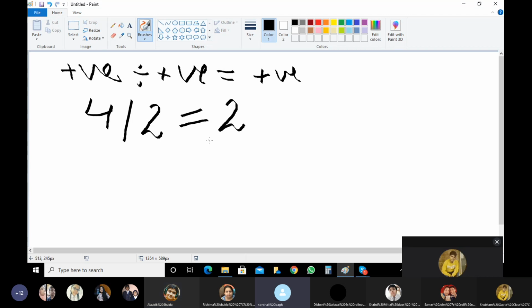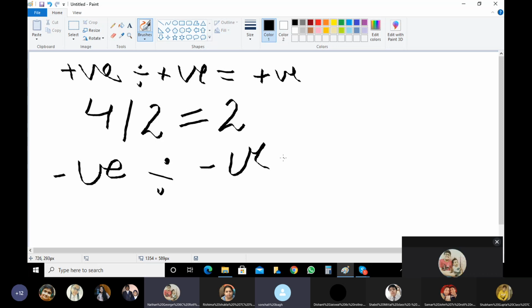2. So what is the sign of 2 here? It is positive. Now, if I have to divide a negative integer with a negative integer, what sign would you get?